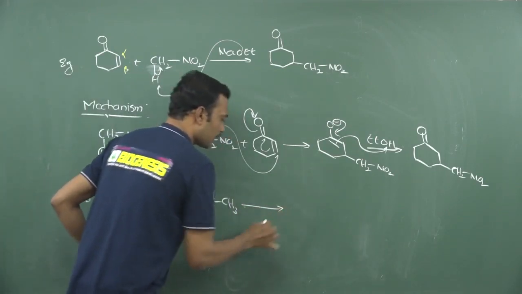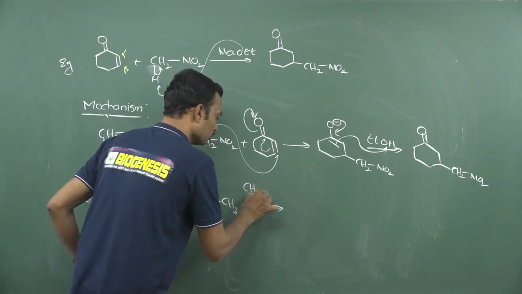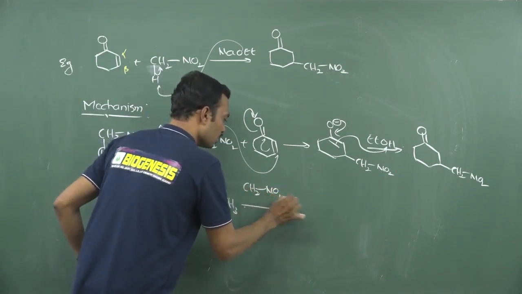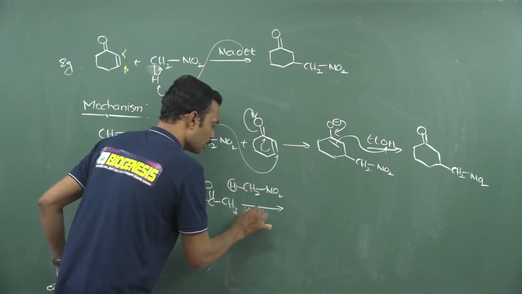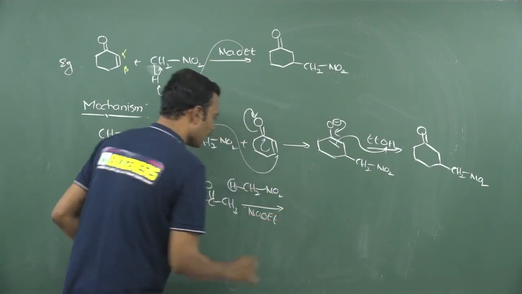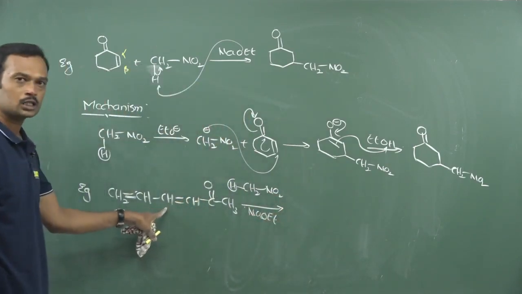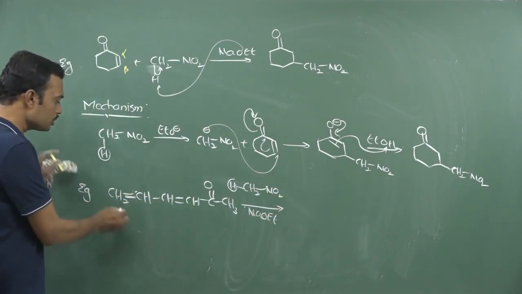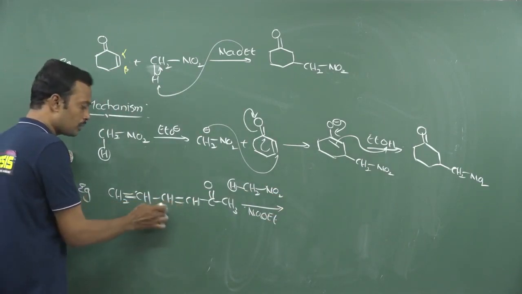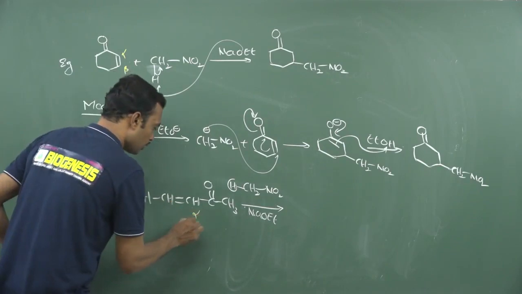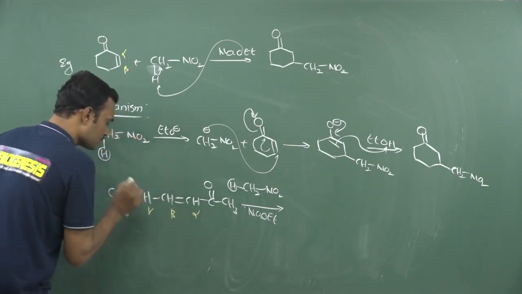Suppose you want to attack with an active methylene group, this CH2NO2 which carries active hydrogen in presence of base. So where will you add, on the beta carbon, or can you also add on this delta carbon? Okay, alpha, beta, gamma, delta. Suppose this is alpha, beta, gamma and this is delta.